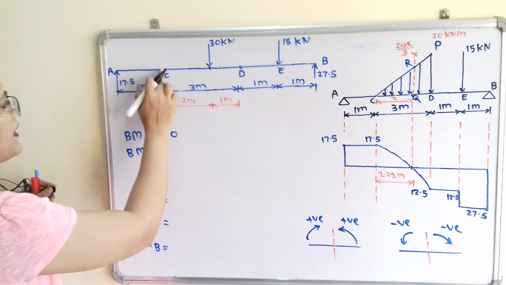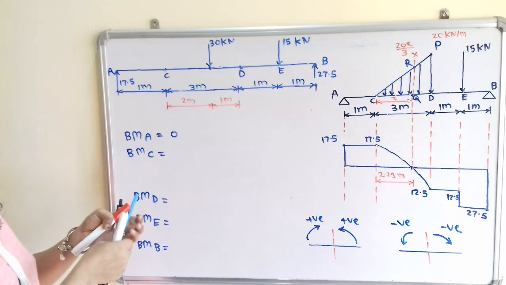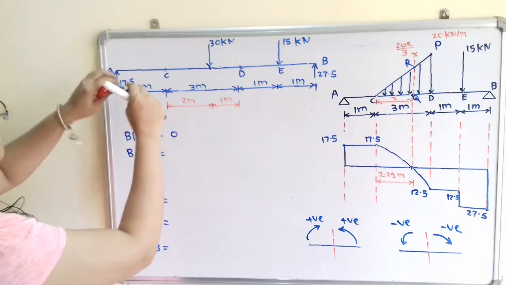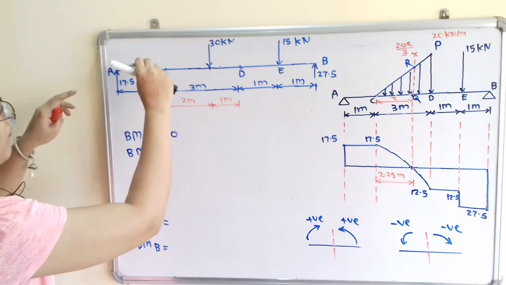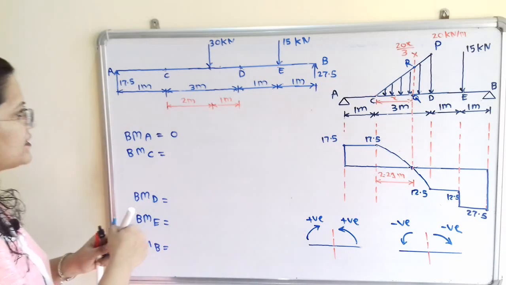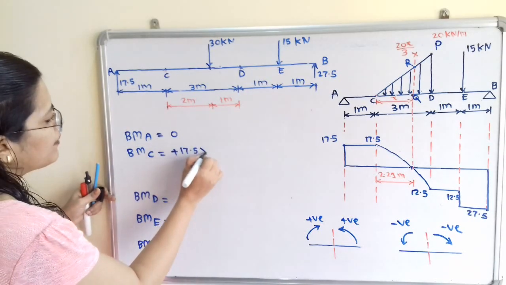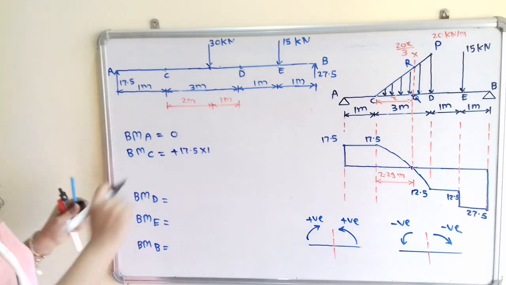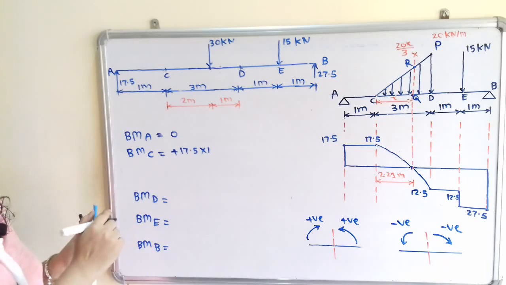Now next is bending moment about point C. If we take the center as C and move the compass in the direction of this 17.5 kilonewton, that is in the upward direction, then we will get the clockwise direction. So moment is plus 17.5 multiplied by 1. Now next point is D. So how to calculate bending moment about point D?